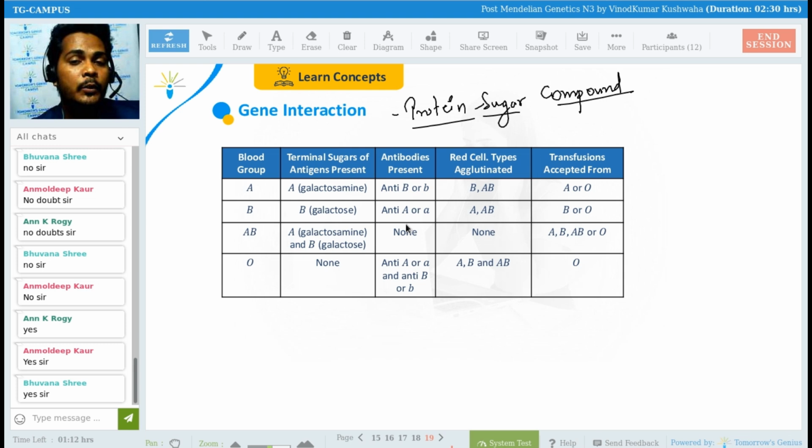According to them, the antigens are carbohydrate groups, basically polysaccharides bound to a lipid molecule of the RBC membrane. In the blood group, they have a carbohydrate, and that carbohydrate is bound with the lipid molecules, right?